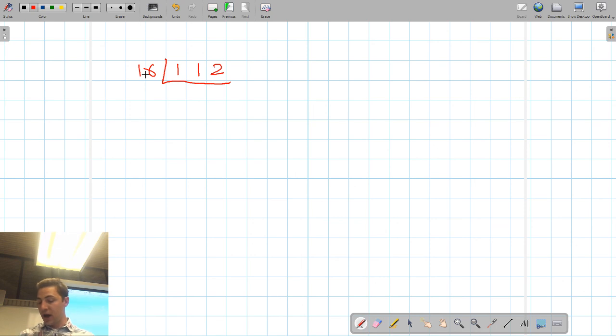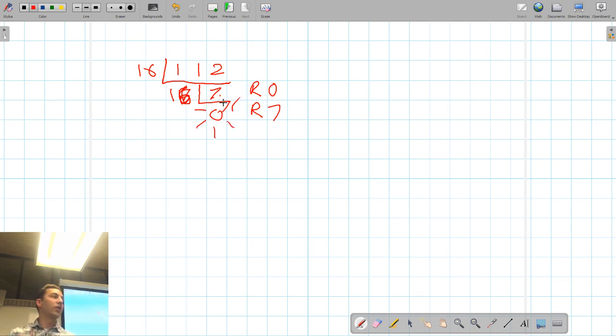So 112 divided by 16 is 7, with a remainder of 0. What is 7 divided by 16? This one's easier. 0, remainder of 7. And at this point we're done.